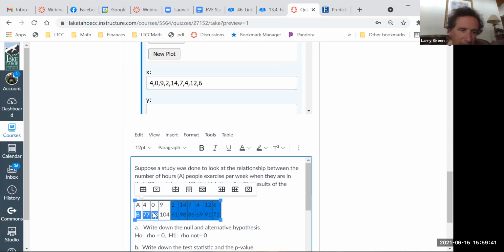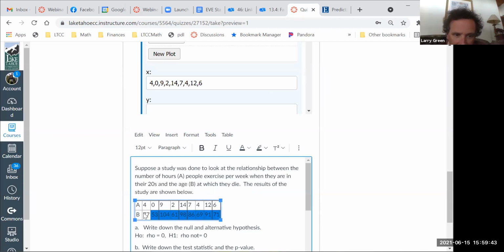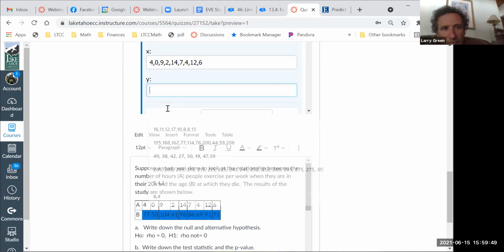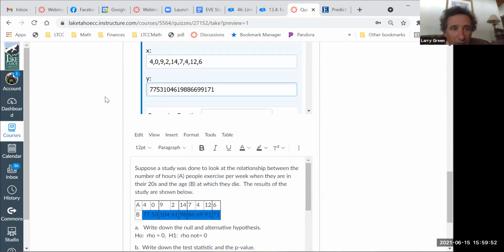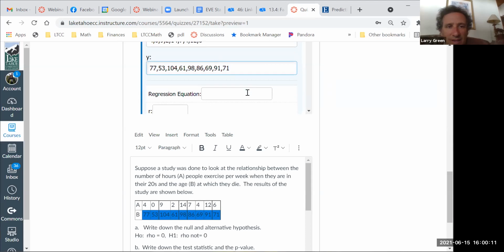I can copy and paste, and now I've got to put commas. 77, comma, 53, comma, 10, comma 104, comma 61, comma 98, comma 86, comma 69, comma 91, comma 71. Any questions on getting this into the calculator?